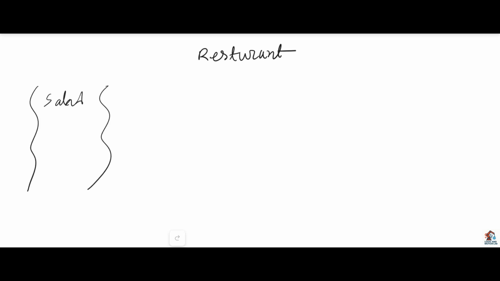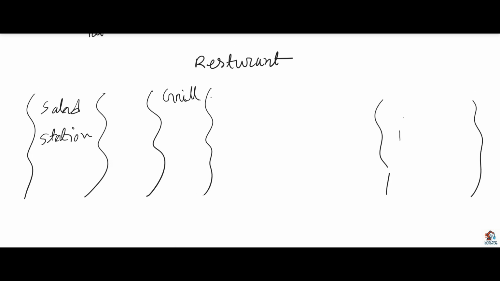I will try to give a simple example. Think like a restaurant. In a restaurant, you have different sections like salad station, then grill section, but the main work is serving to customer.